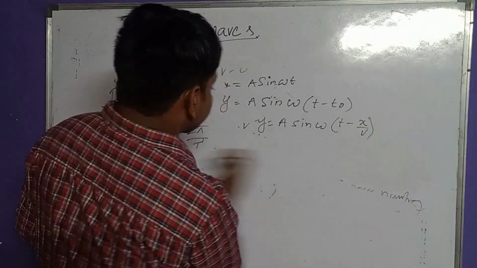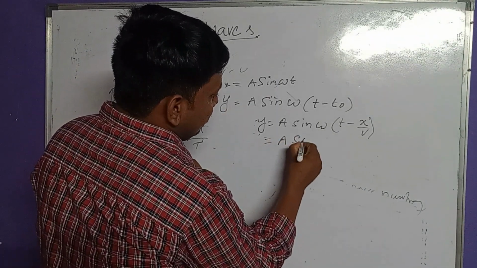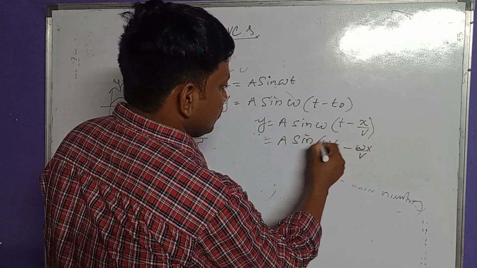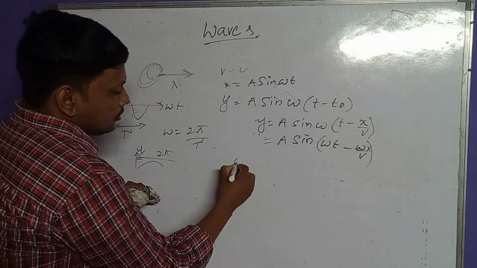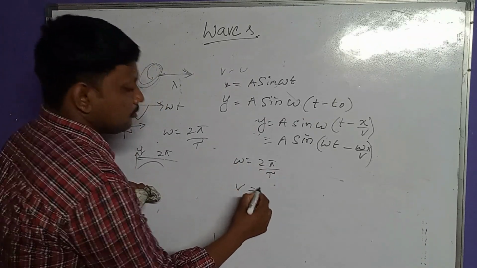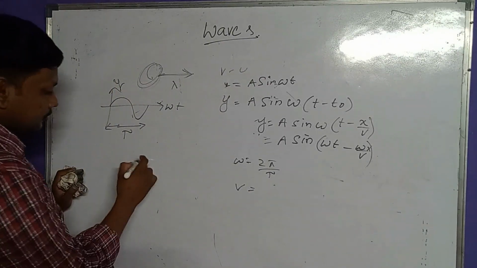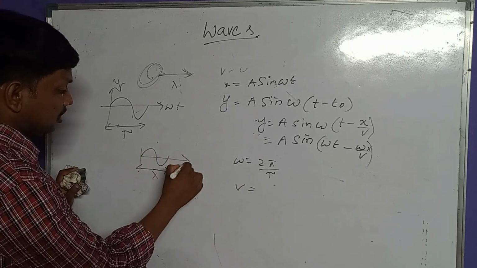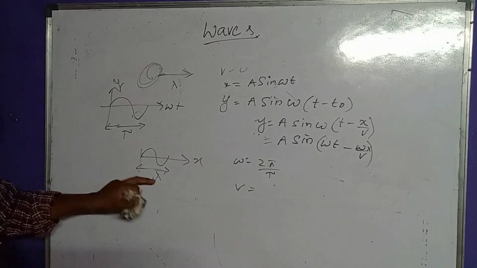Here y is equal to a sin omega t minus omega x by v. Omega is equal to 2 pi by time period. Velocity is equal to, here observe, this is lambda, this is the wavelength.